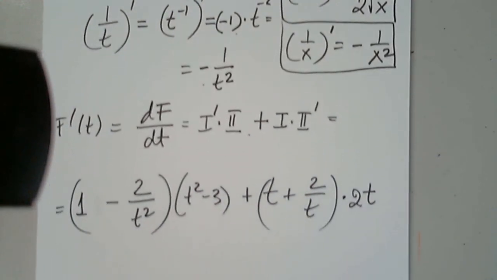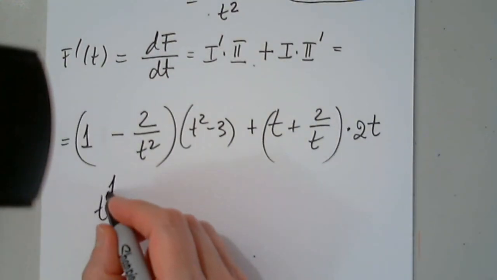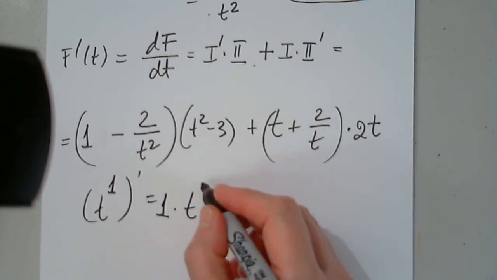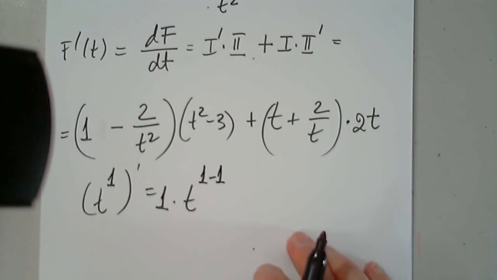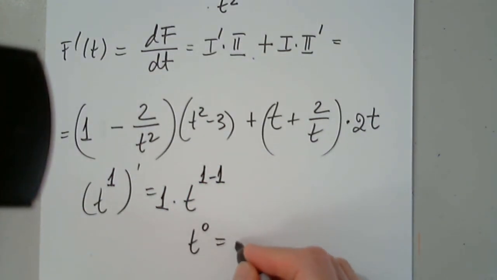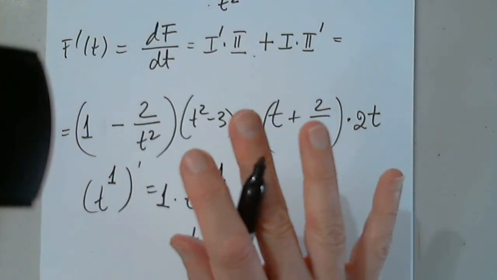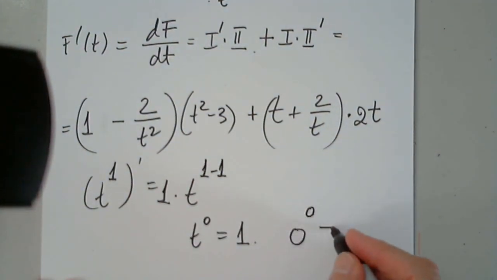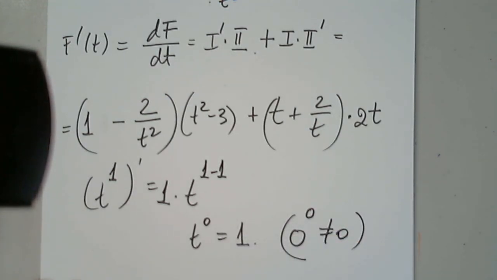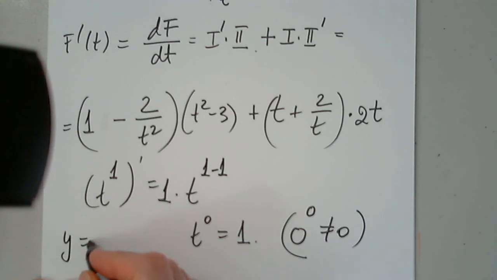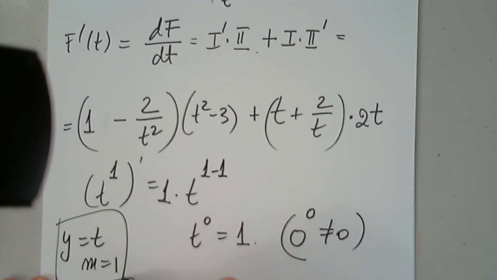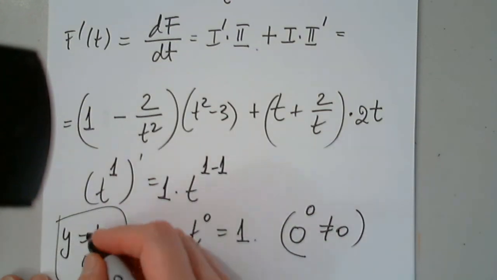If it is t to the first power, prime, we bring down 1, and so we subtract 1 from the power. 1 minus 1 is 0, and t to 0 is 1. However, remember, 0 raised to 0 is not 1. But we assume that t is not 0. Or when you have y equals t, the slope is 1. That's all. It's either you remember it like this, or you remember that the slope is 1.